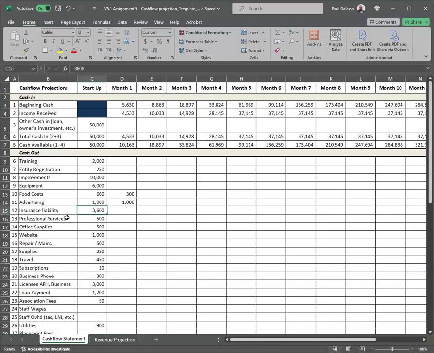If you have employees, you're going to have to do deductions. You're going to have to set money aside for that. You're going to have to pay L&I, which is workman's comp. You're going to have to pay unemployment insurance. You're going to have to pay things like, what's it called?